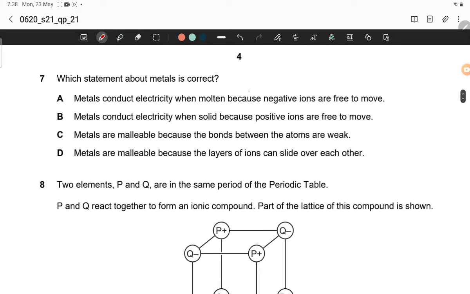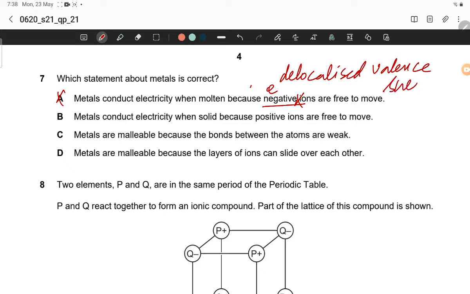Which statement about metals is correct? Metals conduct electricity when molten because negative ions are free to move. This is incorrect. Metals conduct electricity when molten because delocalized valence shell electrons, not negative ions, are free to move.